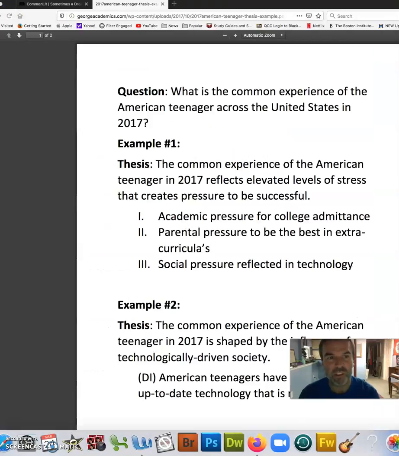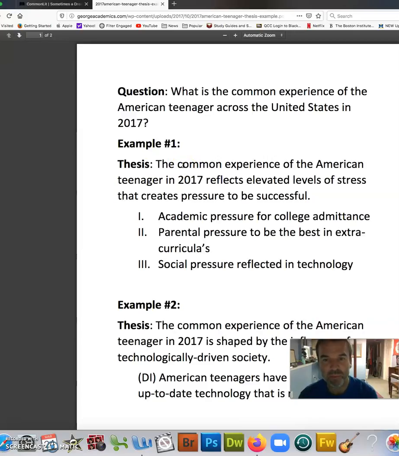Let's just look at a really simple example that a teenager should be able to understand. So, the question: what's the common experience of the American teenager across the United States in 2017? An example thesis statement: the first half is just the question flipped around.